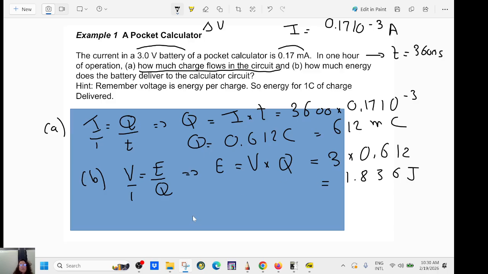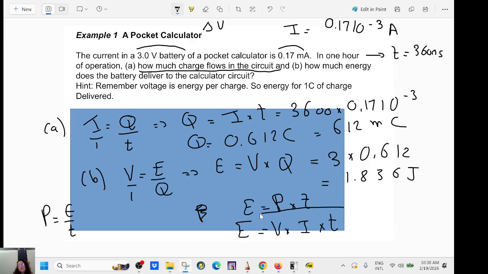Now, another way to do that, you can say energy is the power times the time, or power is energy over the time. And the power is the voltage times the current.